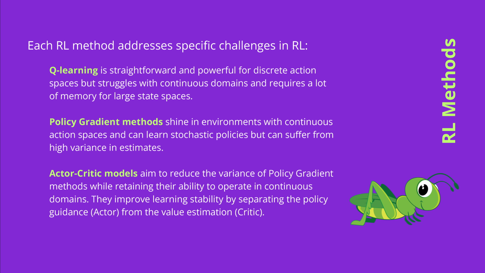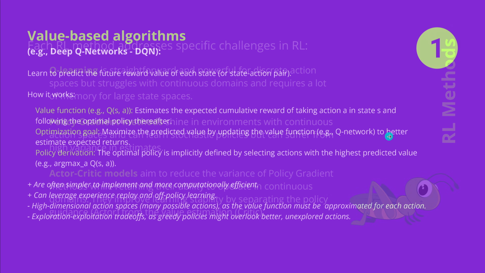And the best of both worlds, the actor-critic models. They aim to reduce the variance of the policy gradient methods while retaining the ability to operate in continuous domains. They improve the learning stability by separating the policy guidance by the actor model from the value estimation by the critic model. So, the best of both: actor-critic models.